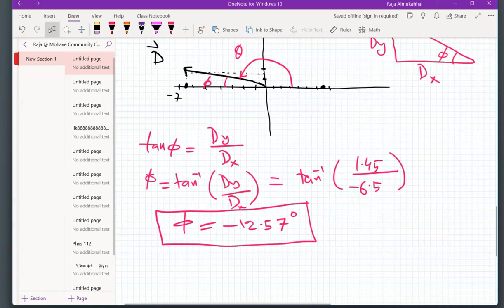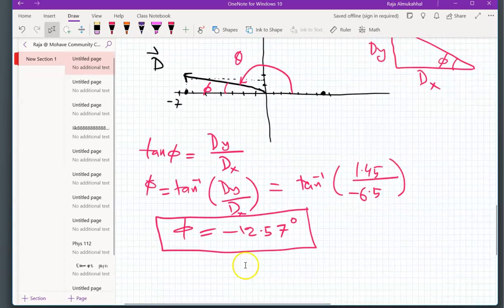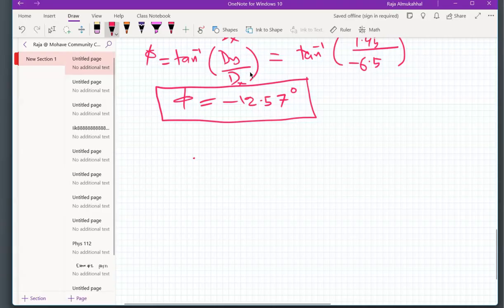So now I have this angle to be 12.57. What would theta be? Simple. All you need to do is subtract from 180. Remember, the angle from the positive all the way to the negative is 180, a straight line. So theta is equal to 180 minus 12.57.